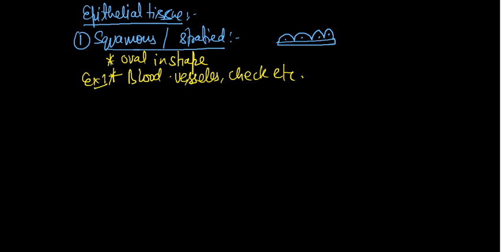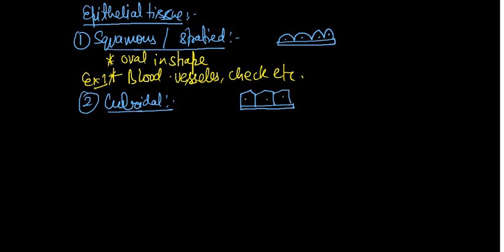Second one is cuboidal. As it is named, cuboidal means cube-like. Suppose that is the basement membrane and the shape is like a cube.